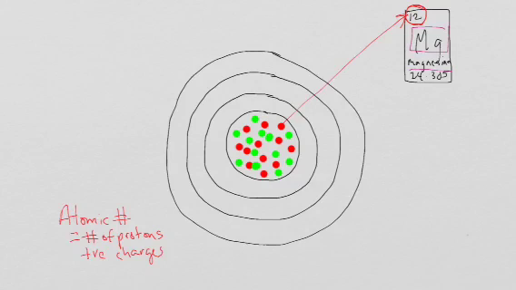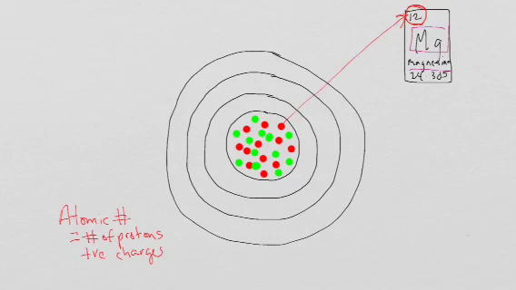Electrons don't live in the centermost part of an atom. They live in these rings that surround the centermost part of an atom, called orbits or electron shells. You can refer to them as orbits or electron shells.